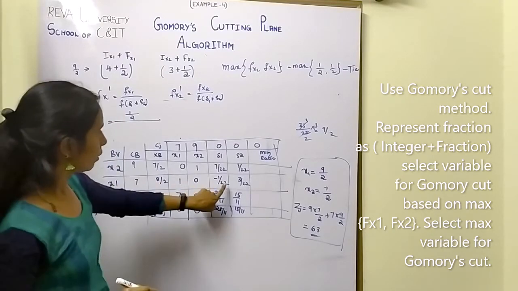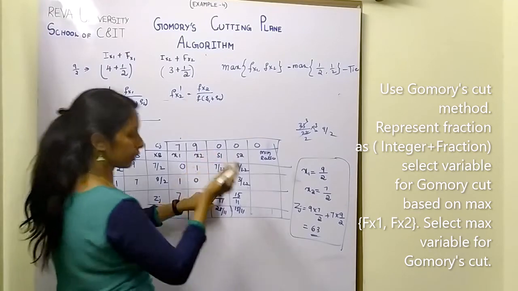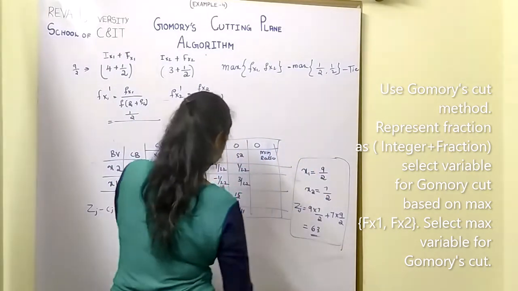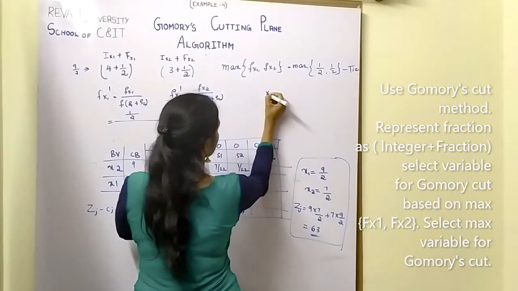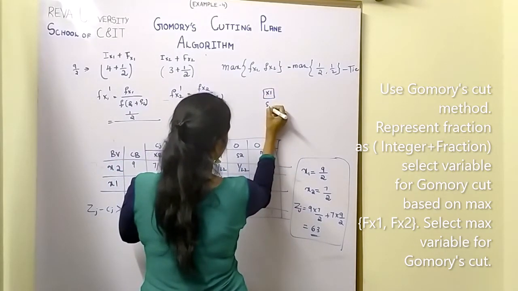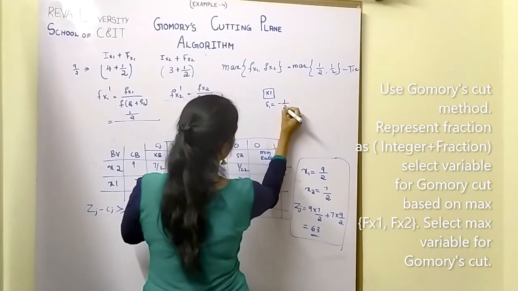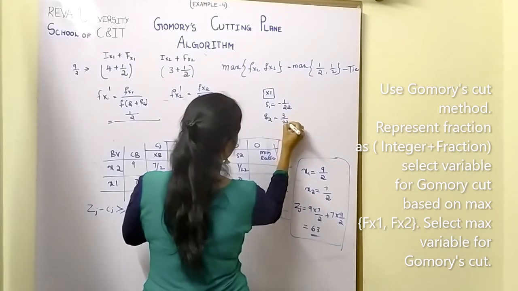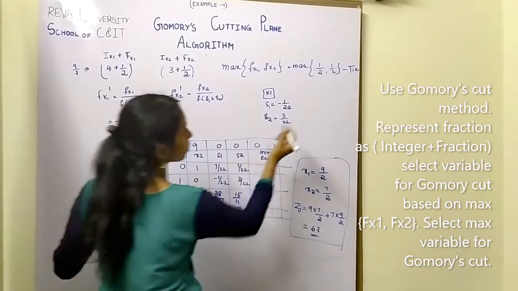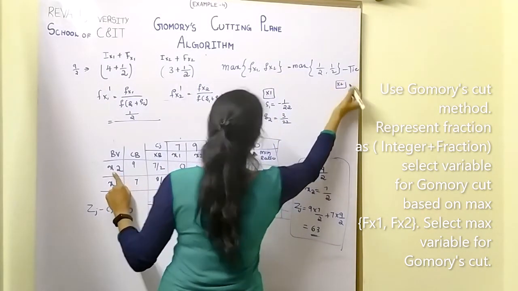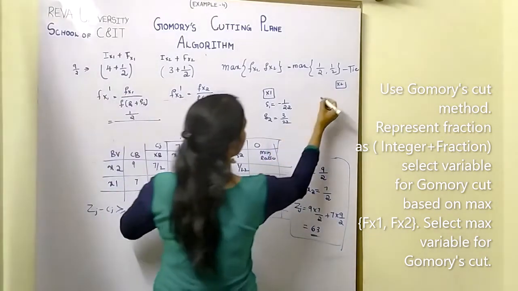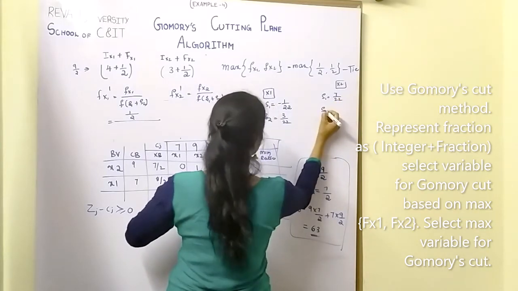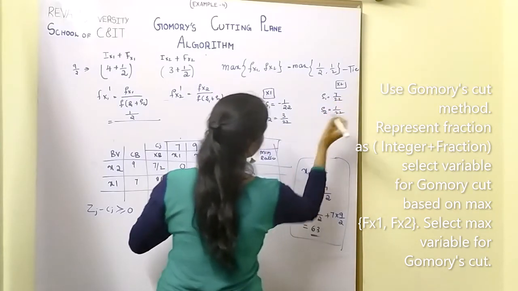The s1 value here for x1 is minus 1 by 22, s2 is equal to 3 by 22. For x2, s1 value is equal to 7 by 22, s2 is equal to 1 by 22.